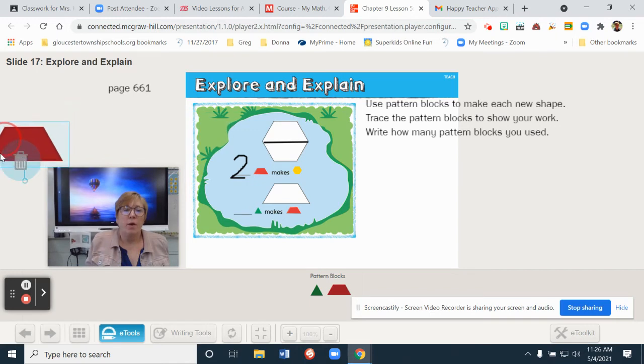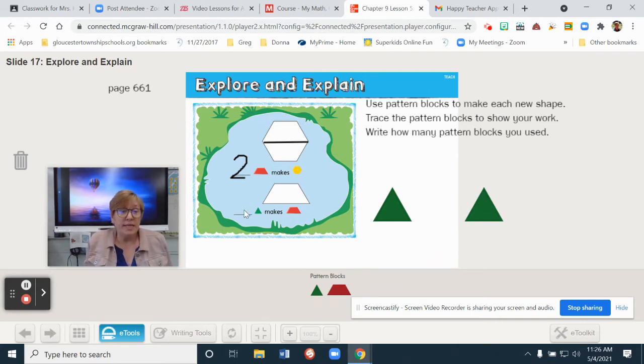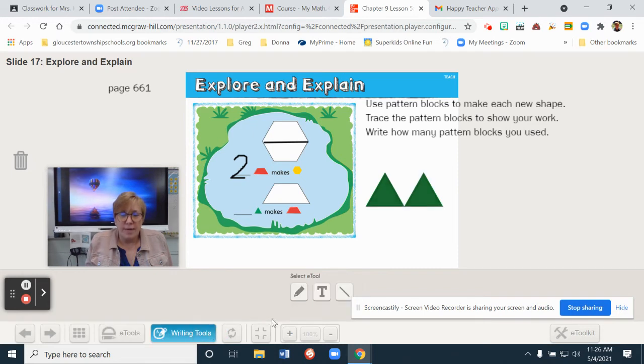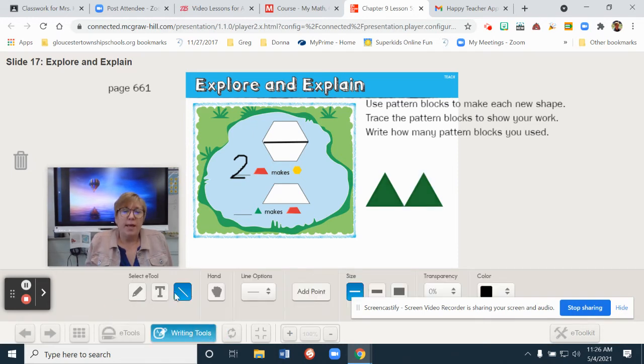Now, how many triangles? Yes, I know we did them before, but I like to try it again. And this time I'm going to do it as if I only have 2 like you have, so you can see. I have one here, and I'm going to put the other one here. Then with my pencil, I would just draw across. Then I'm going to take my writing tool and connect from one point to another.